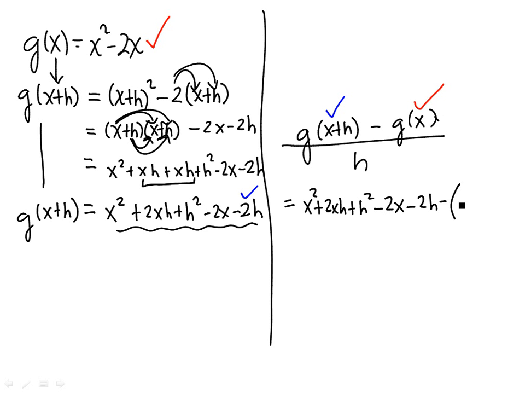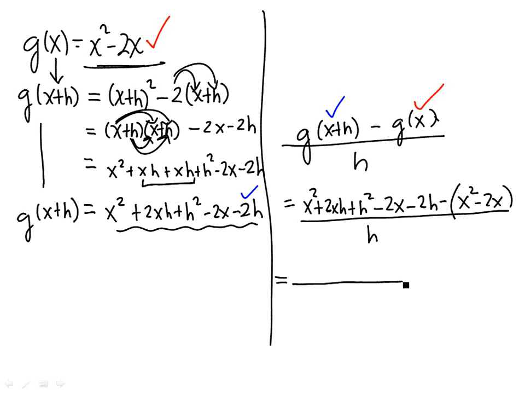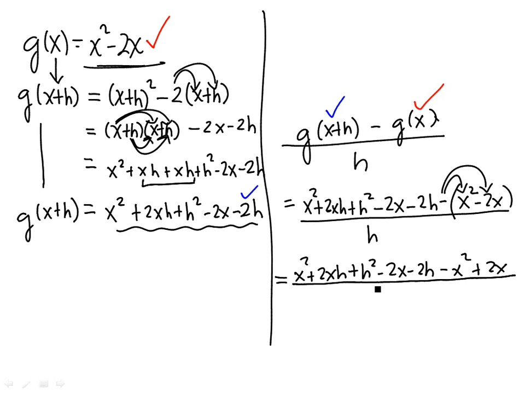What is that? x squared minus 2x. And I got that from here. All divided by h. So I'm rewriting everything back over so you can see exactly what's going on, until I get to this parenthesis and I can distribute negative x squared plus 2x all over h.